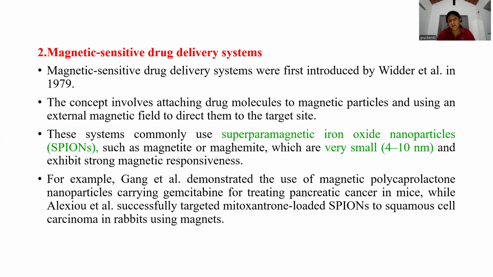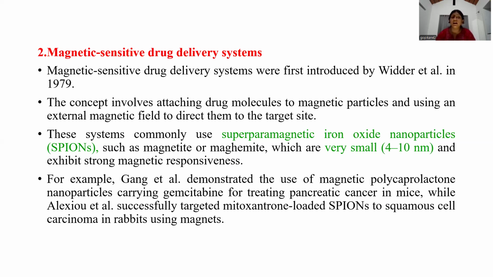Magnetic sensitive systems were first introduced by Widder et al. in 1979, and the concept includes attaching drug molecules to magnetic particles and using an external magnetic field to direct them to the target site. These systems commonly use superparamagnetic iron oxide nanoparticles, SPIONs, such as magnetite or maghemite, which are very small, about 4 to 10 nanometers, and exhibit strong magnetic responsiveness.